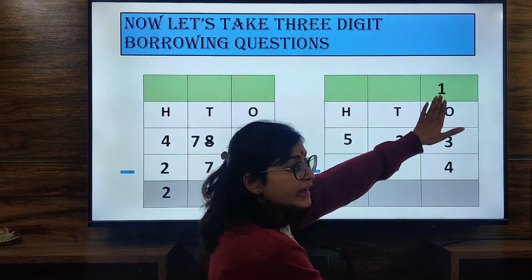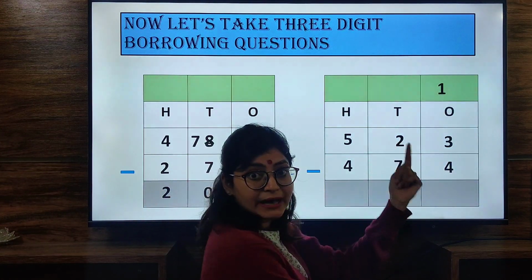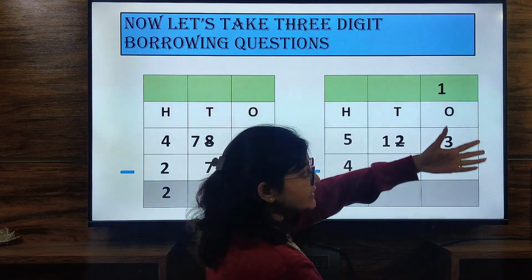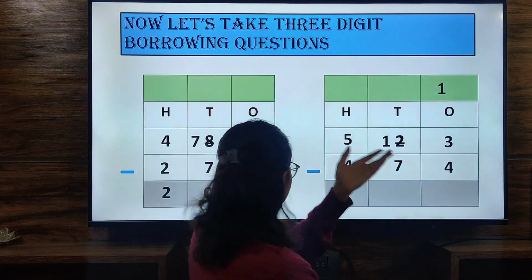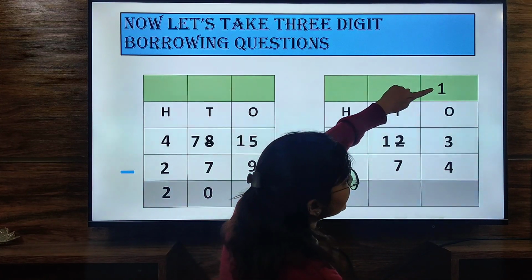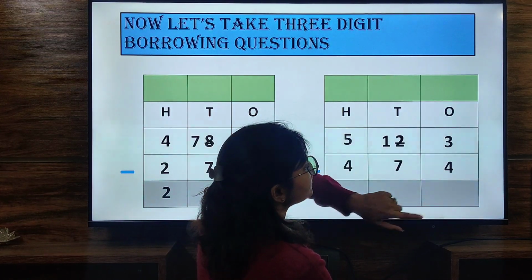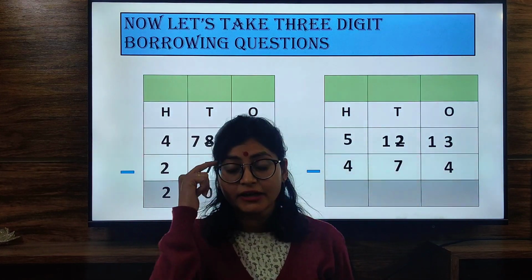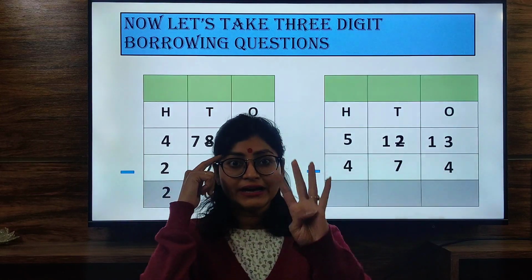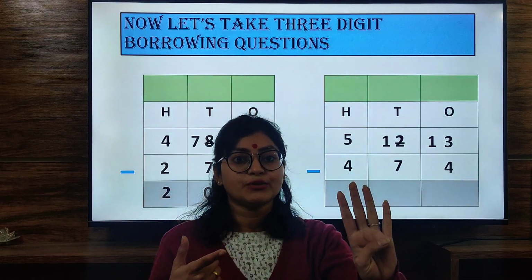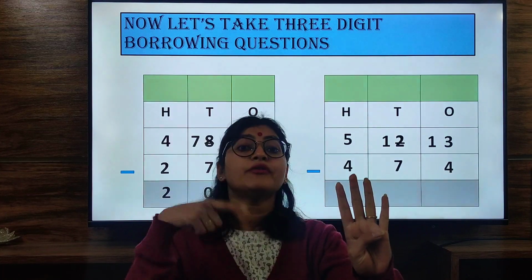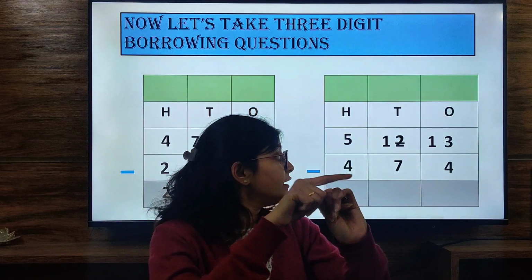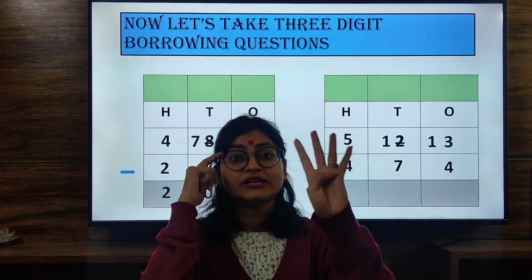Because 2 has given 1 to 3, this 2 will become 1. Now for our convenience, as we are doing in other questions as well, this 1 will come here. So this 3 is now 13. Now 13 in mind and 4 on the fingers. Start backward counting from 13: 12, 11, 10, 9. So 13 minus 4 is 9.